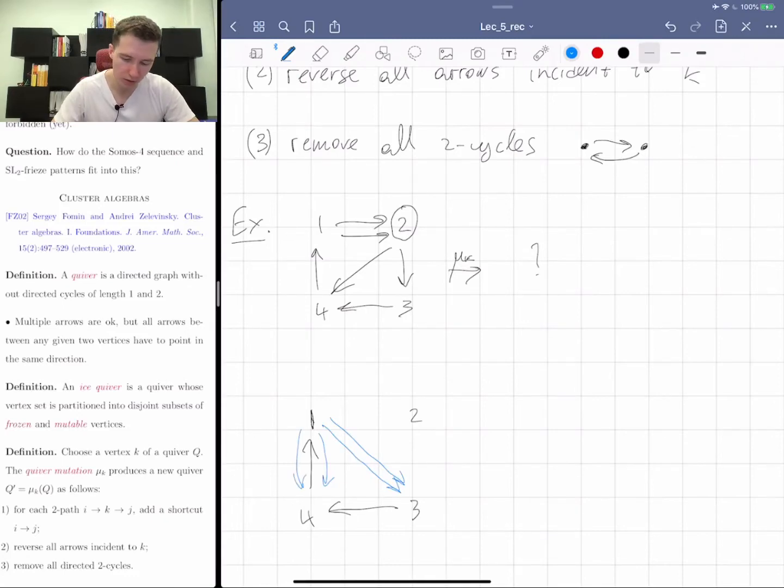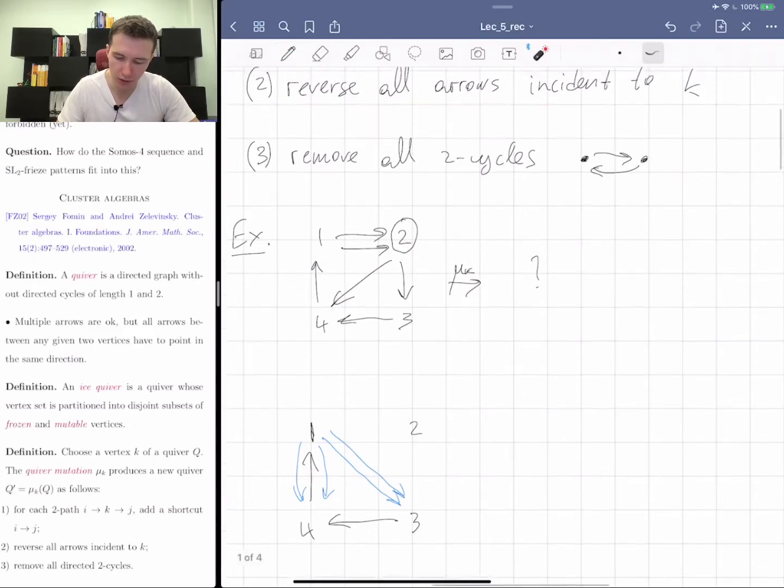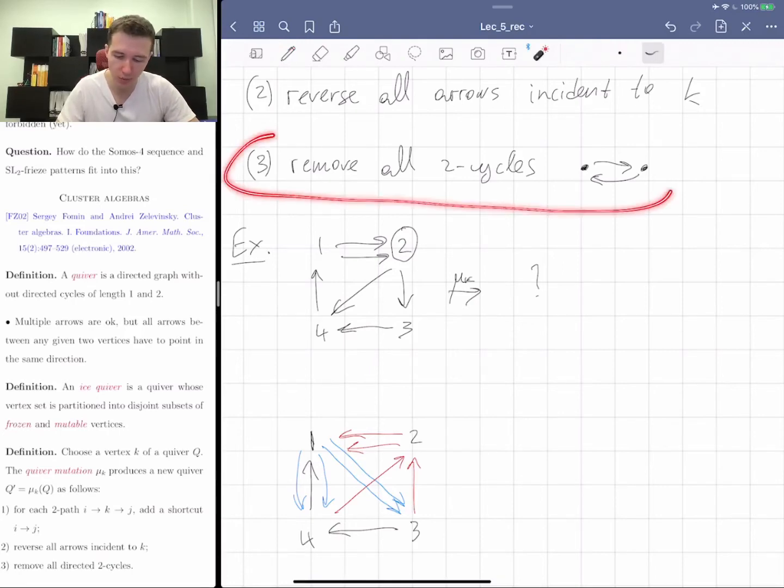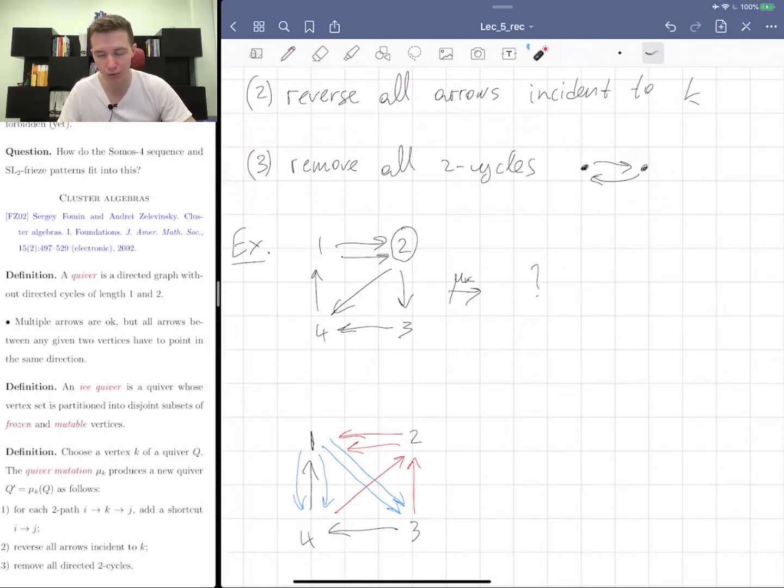And so that's step 1. And then step 2 is I'm going to have to reverse all the arrows that are incident to 2. So there are 4 arrows, and I'm just going to reverse their directions. I have 2 arrows here, and 1 here, and 1 here. And I am almost done. There's this third step, which is I'm going to have to remove all possible 2-cycles.